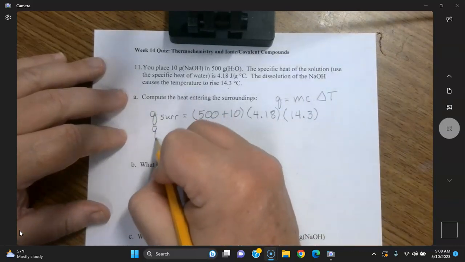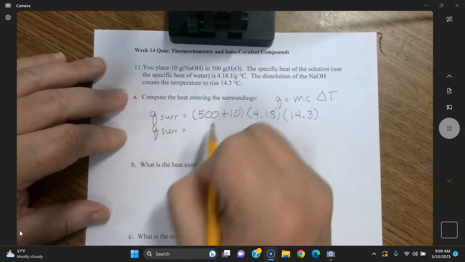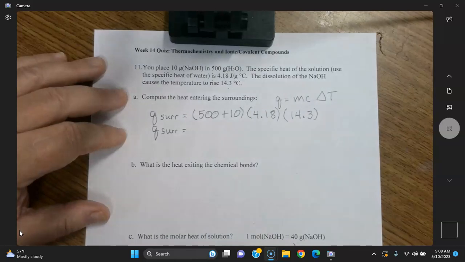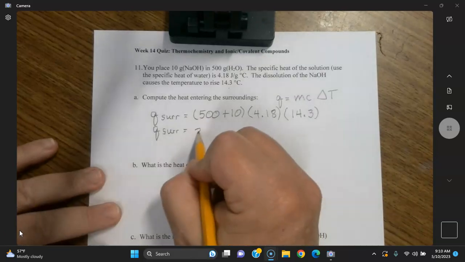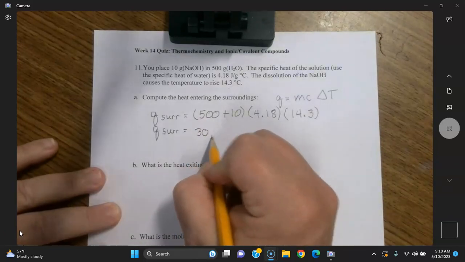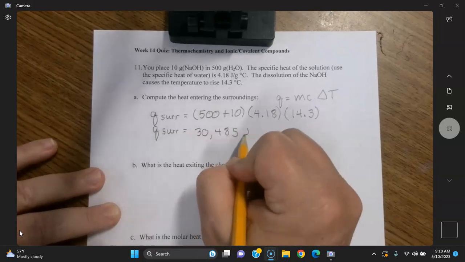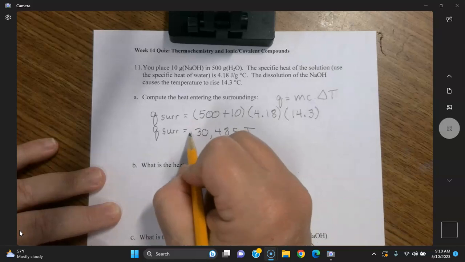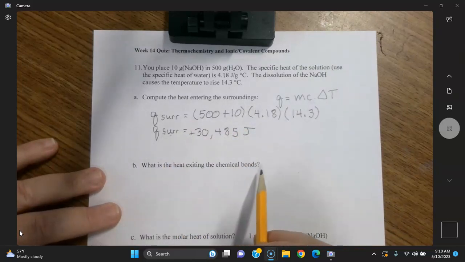And so you get the Q for the surroundings. This is heat coming in. And so that is going to equal 30,485 joules. Okay, positive because it's entering the surroundings. So what is the heat exiting the chemical bonds?